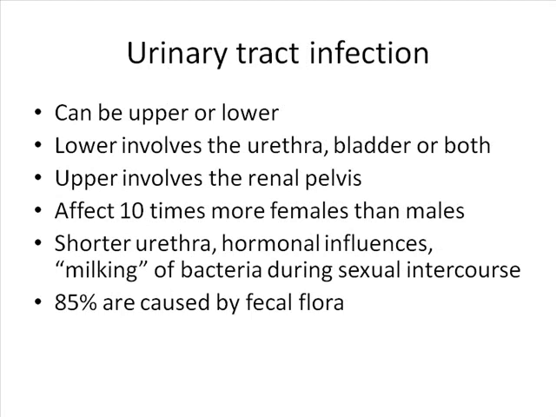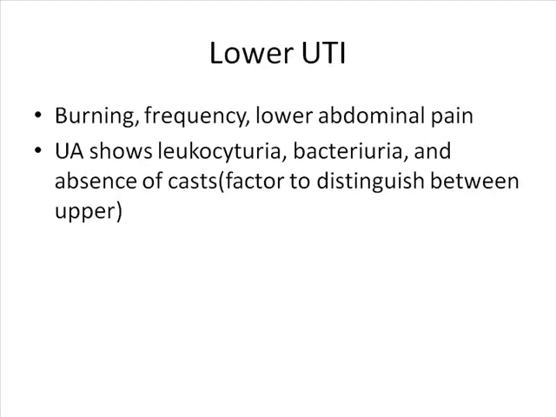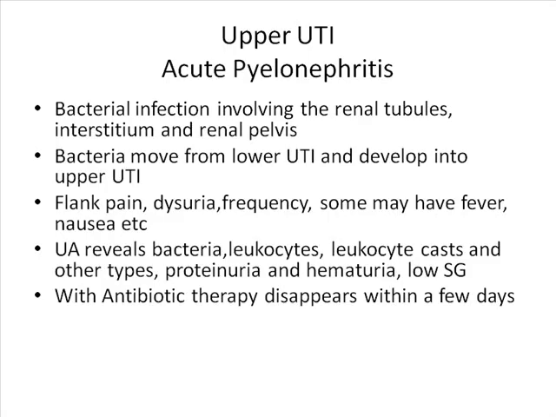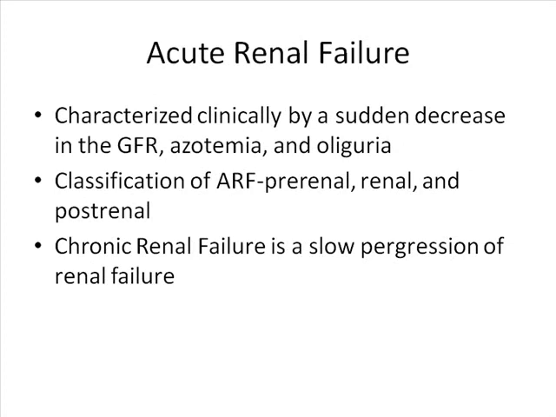Urinary tract infection, we've talked about this all the way through. What distinguishes an upper from a lower. We've already talked about this. Acute renal failure, remember, acute happens suddenly. Many patients then start to have increased BUN and creatinine in their blood, decreased urine output.